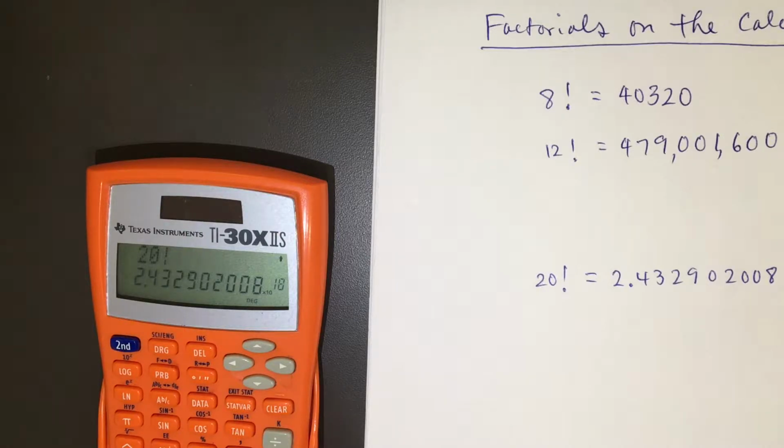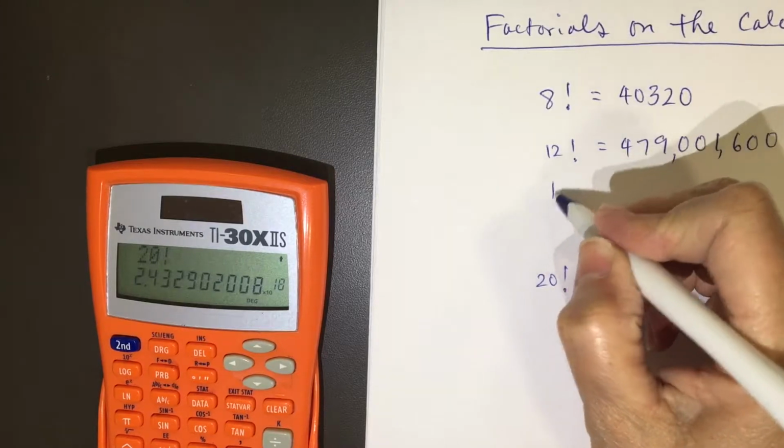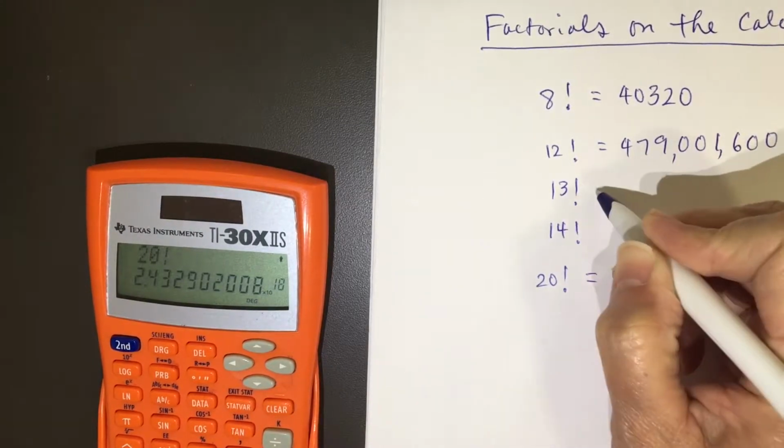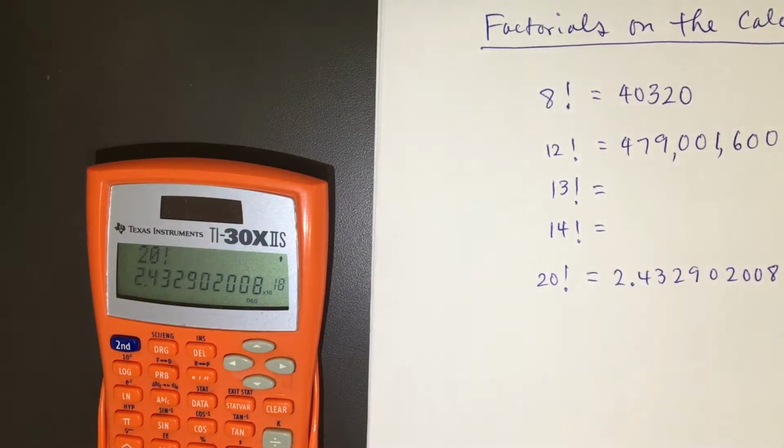What's the highest number where it gives me standard form? 13 factorial. And then 14 factorial is going to be in scientific notation.